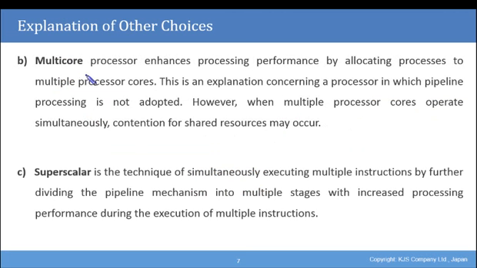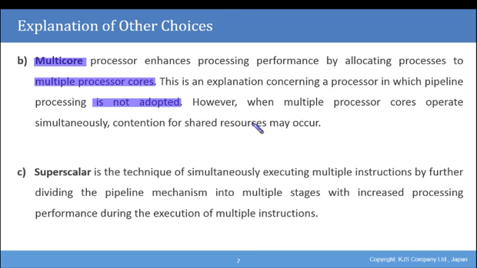Let's have a look at some of the other options that we had within our answers. Firstly, multi-core. A multi-core processor enhances processing performance by allocating processes to multiple processor cores. This is an explanation concerning a processor in which pipeline processing is not adopted.